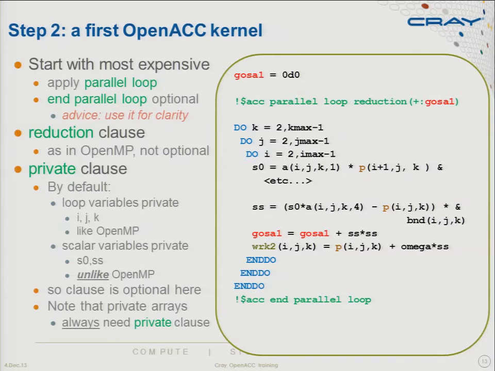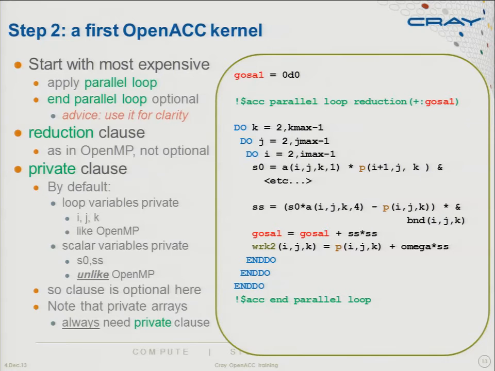Reductions on GPUs are really painful. If you look at the CUDA development kit, there are huge examples of good ways to do a reduction, to sum up all the values in a way that you get the consistent answer and you do it with good performance on a GPU. The advantage in OpenACC is that the compiler does that for you.